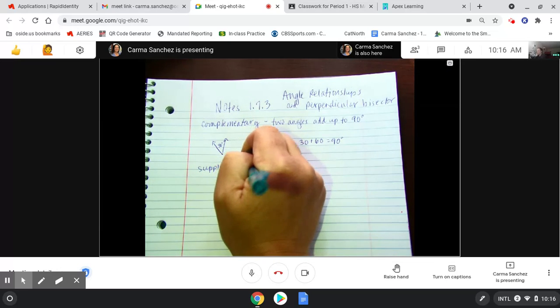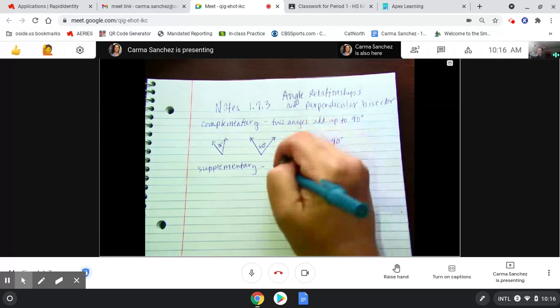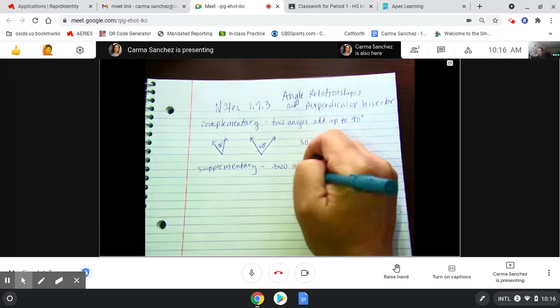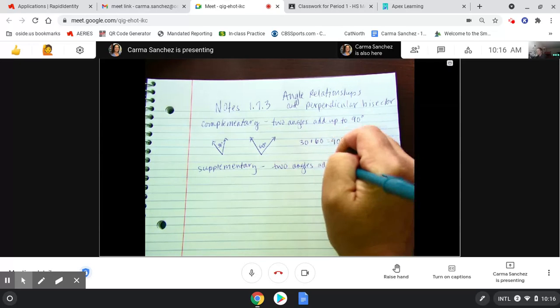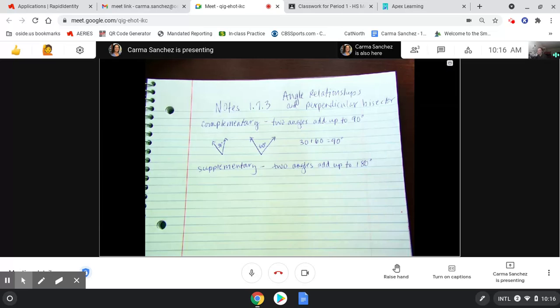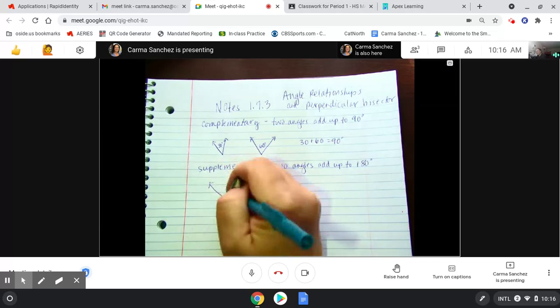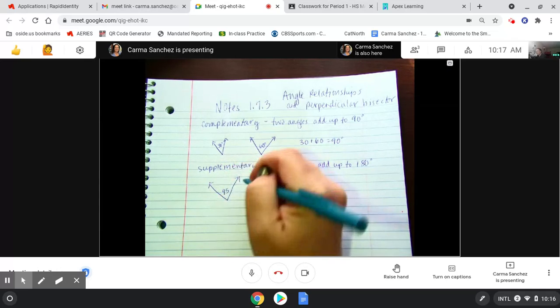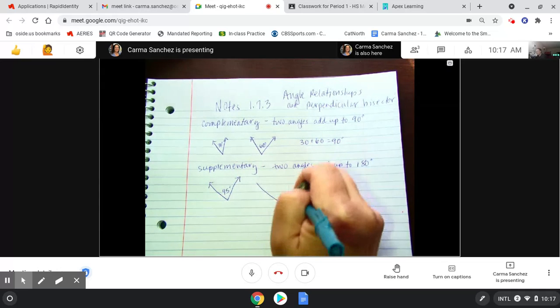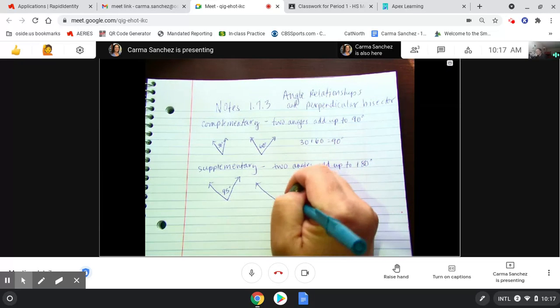Likewise, the word supplementary is when two angles add up to 180. And so just like we did on this one, you may have some angle that is 95 degrees and another angle that is 85 degrees.